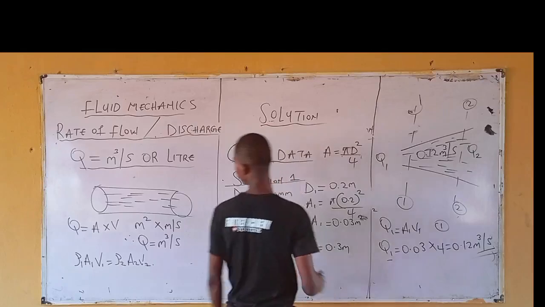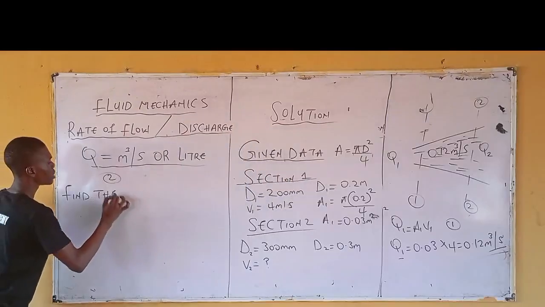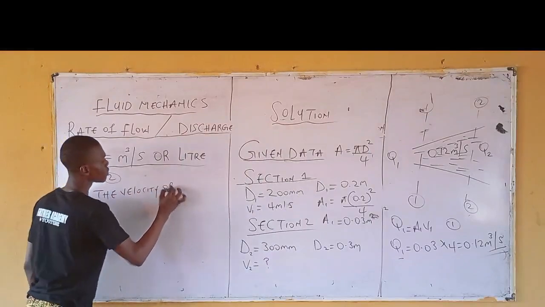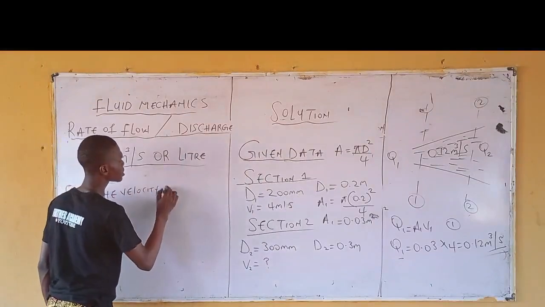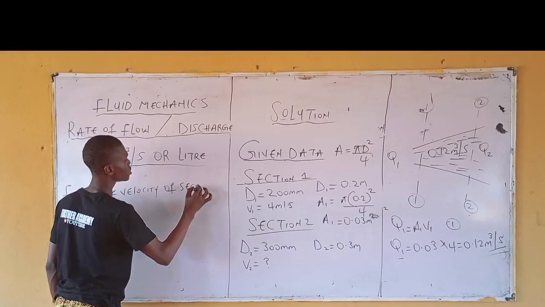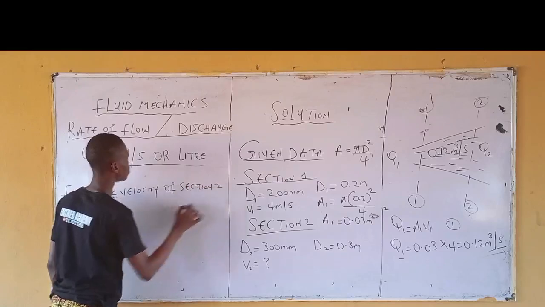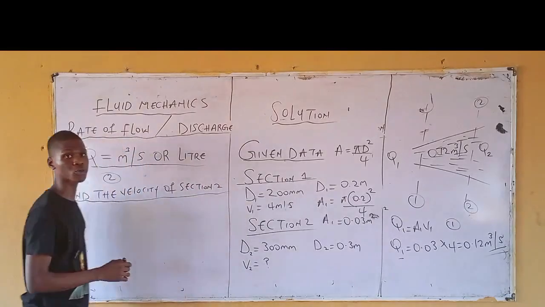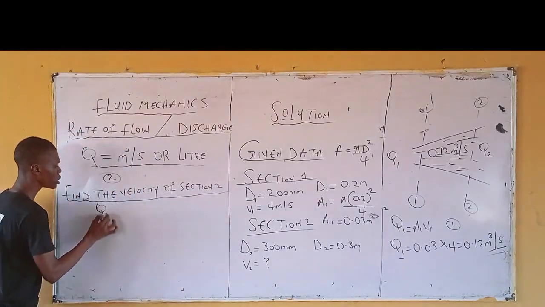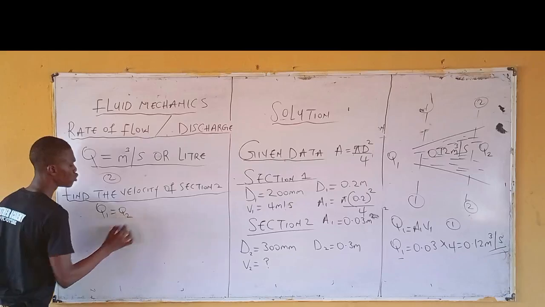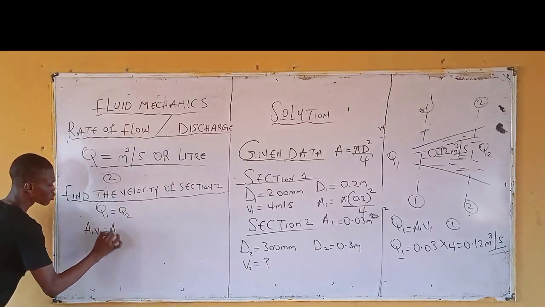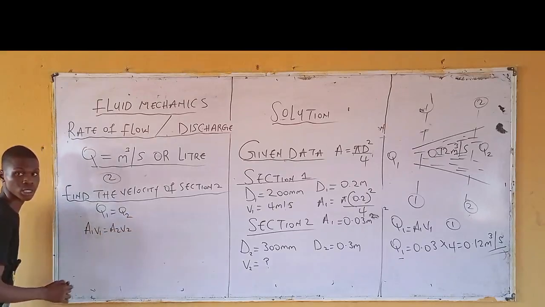Now for question 2, find the velocity of section 2. Now, how do you get the velocity of section 2? Using the continuity equation, we know that Q1 is equal to Q2, meaning A1 V1 is equal to A2 V2, right?